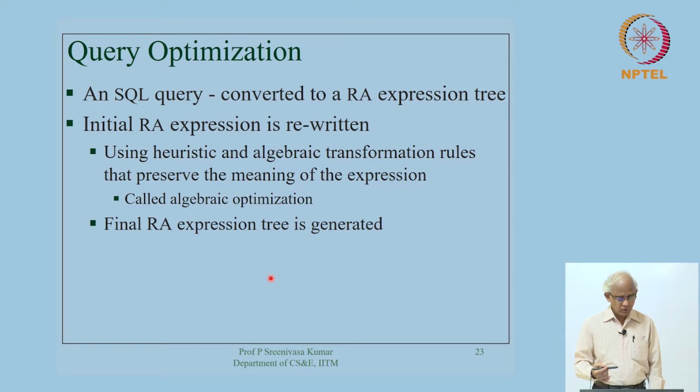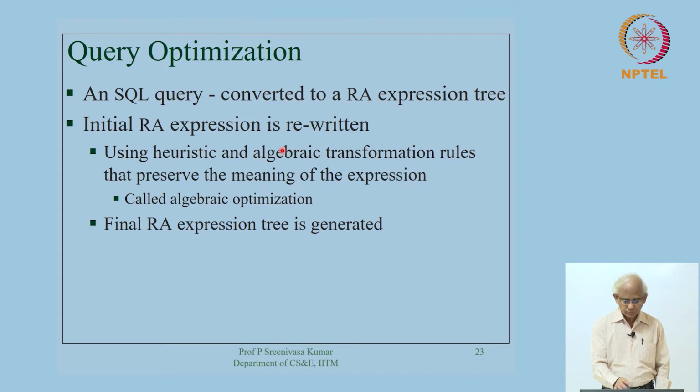But before we actually go ahead with the actual execution, what is normally done is to take this initial relational algebra expression and then rewrite it in a manner that it is meaning preserving, and that rewriting basically takes place using certain heuristics as well as algebraic transformation rules.